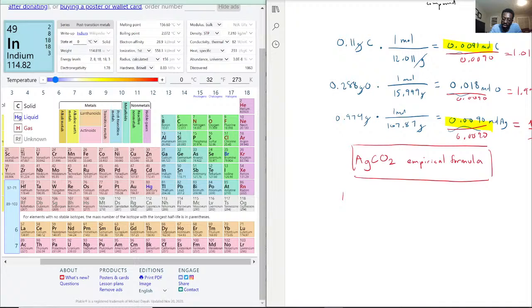So constituents, so Ag, that's 1, Ag, 1, C, 1, I mean not 1, sorry, 2, oh okay. We just have the numbers right there: 107.87 times, 12.011 times, 15.999.